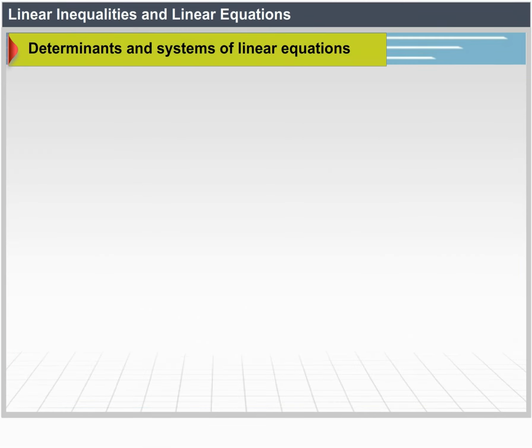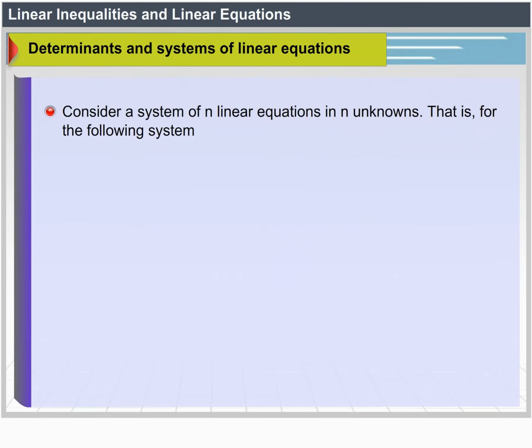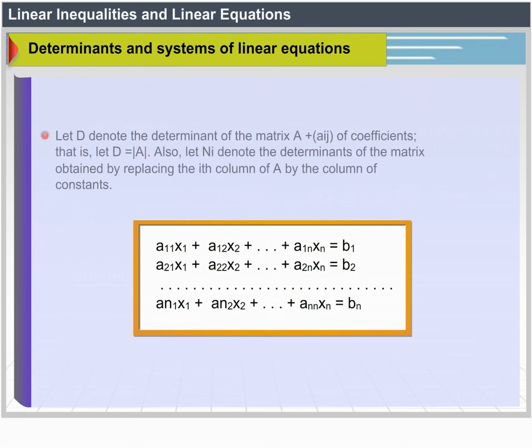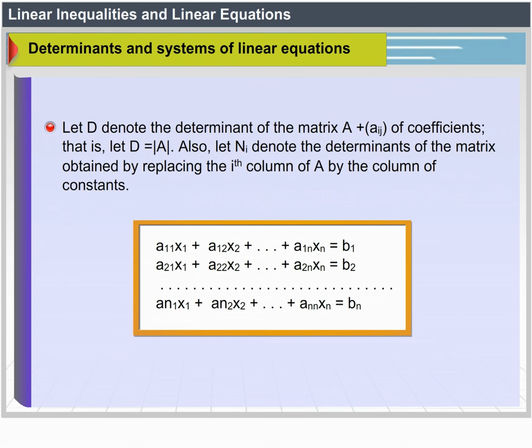Determinants and systems of linear equations. Consider a system of n linear equations in n unknowns. That is, the following system, which is shown here. Let D denote the determinant of the matrix A equal to (aij) of coefficients, that is, let D equal to modulus of A. Also, let Ni denote the determinant of the matrix obtained by replacing the ith column of A by the column of constants.